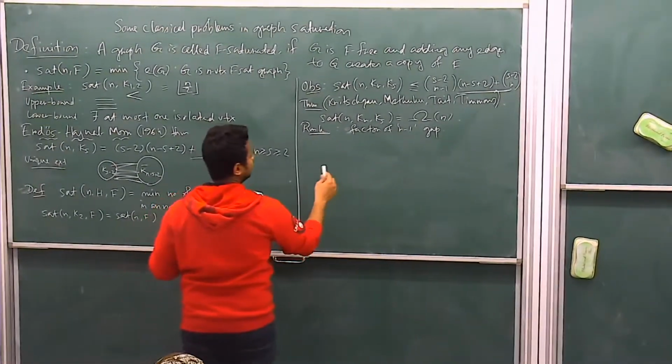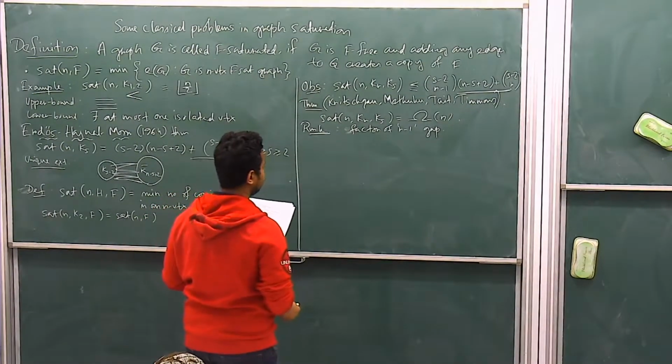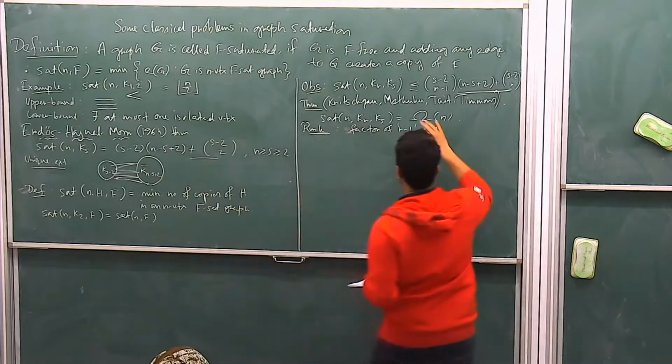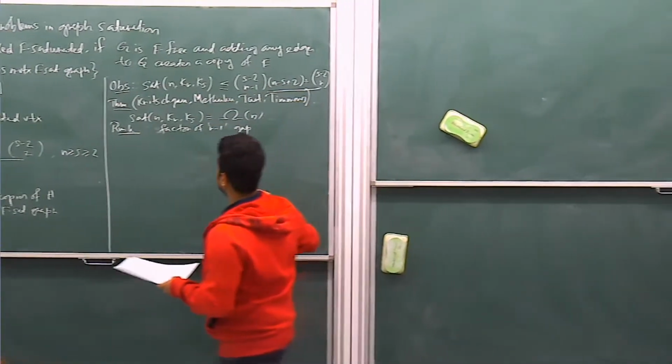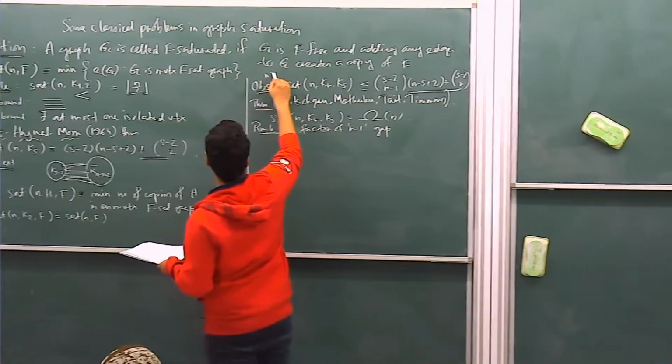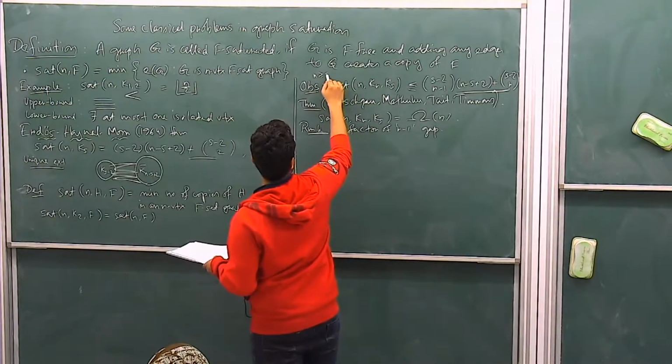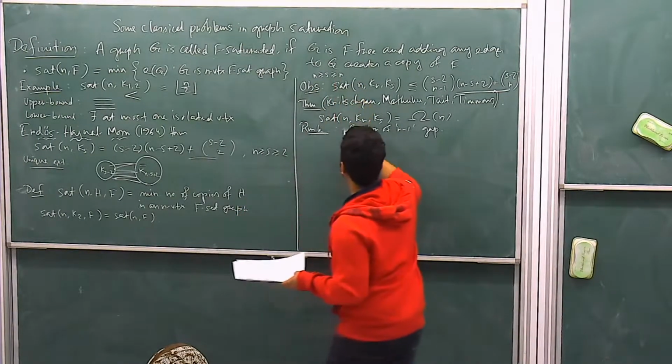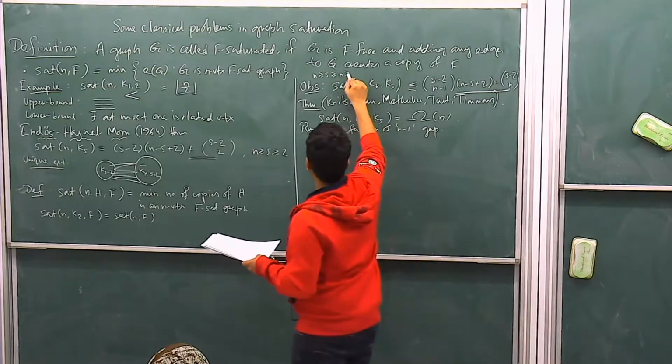What we managed to prove is the following, for s greater than r greater than or equal to 2. Of course, when we are talking about this function, we are assuming that n ≥ s ≥ r, because otherwise the problem doesn't make sense.